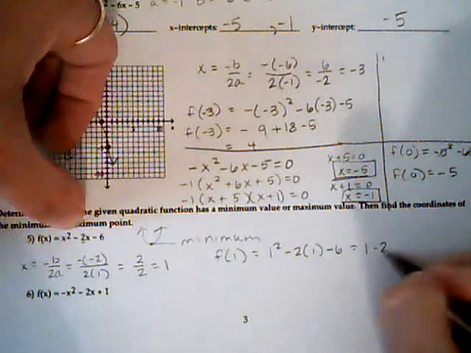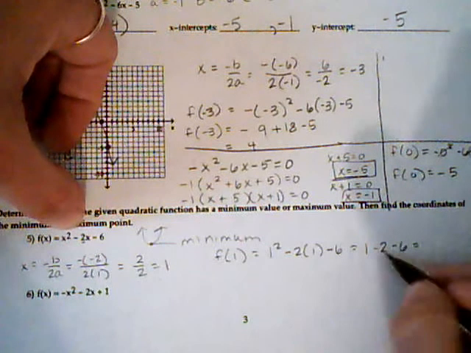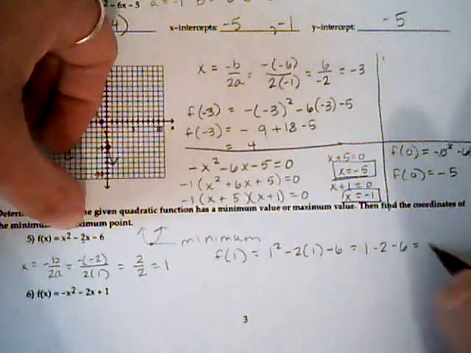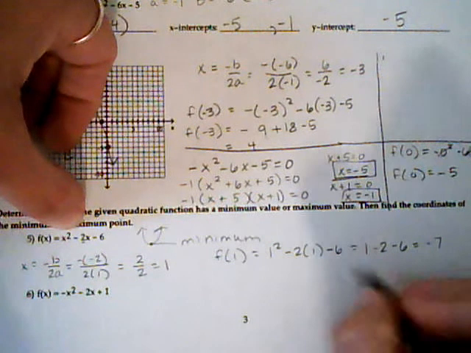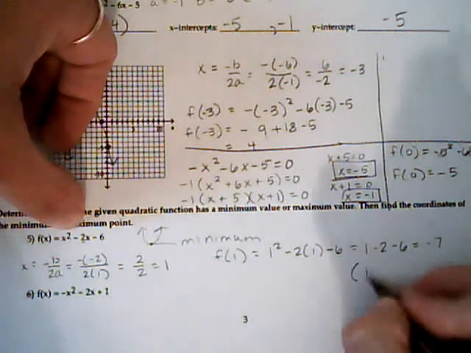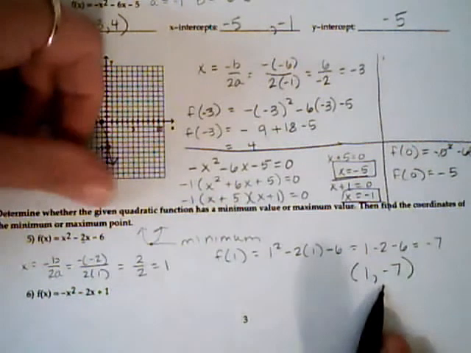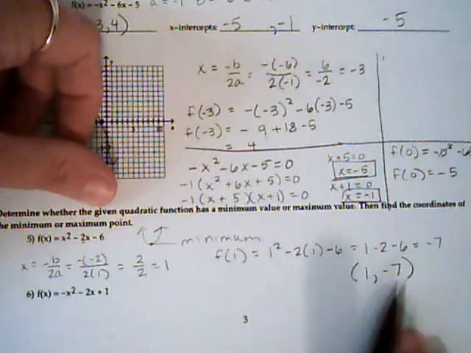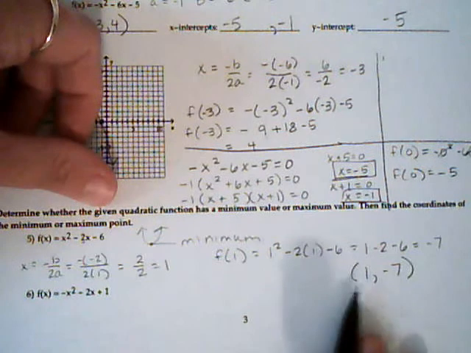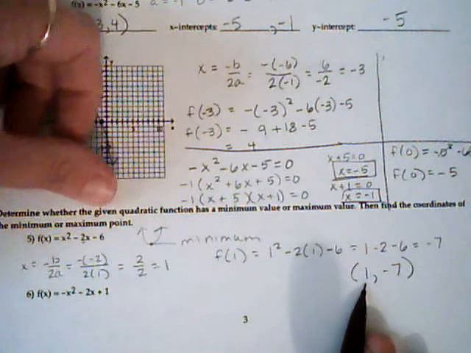So 1 minus 2 minus 6 would be negative 7. So my vertex will be 1, negative 7. So this is my minimum point. Okay, my minimum would be negative 7, and it occurs at x equals 1.